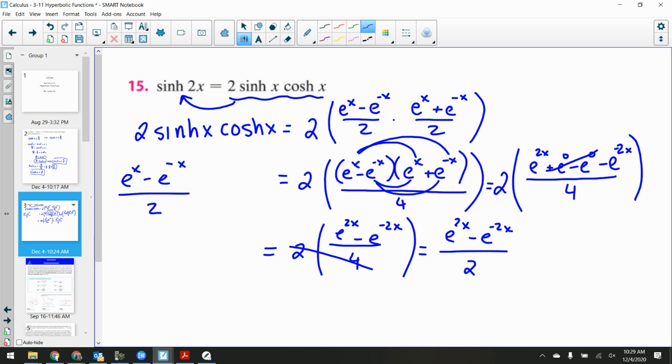Look at the left side there. I'm implying that I want to plug in 2x into sine. If I had done that, I would be erasing away this and plugging in 2x. Isn't that what I have? So that really is sine hyperbolic of 2x.